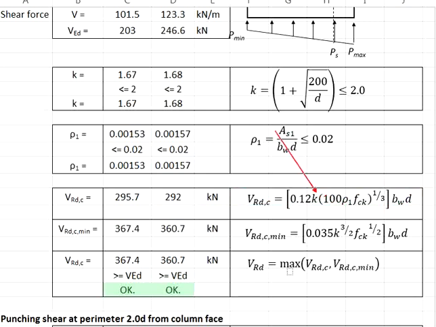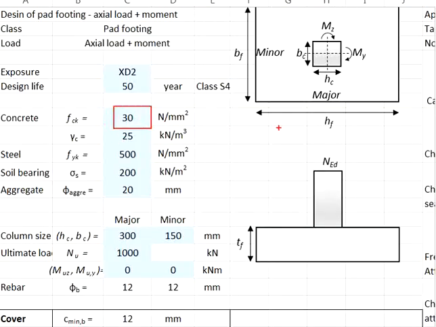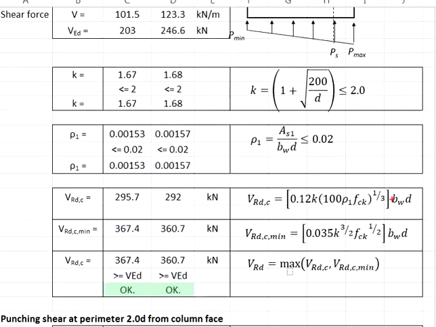Substitute the k into the equation and the rho 1 into the equation. The fck will be 30 N/mm². The width here will depend on which plane you are referring to, either the major or the minor axis.